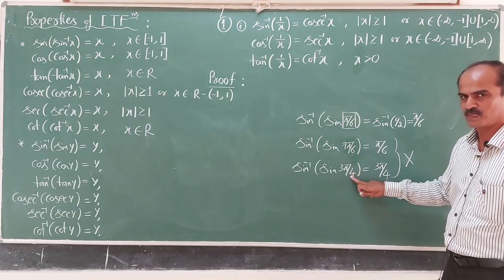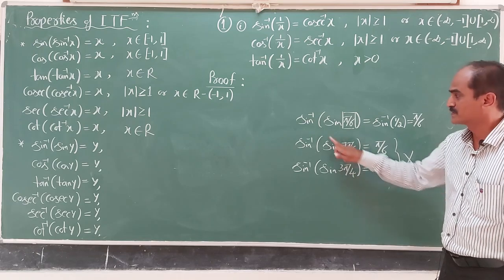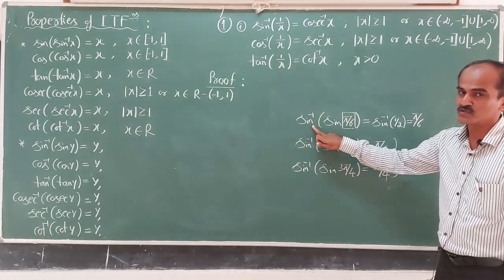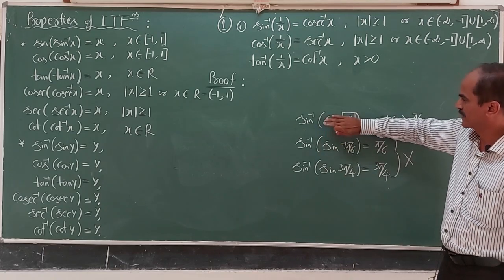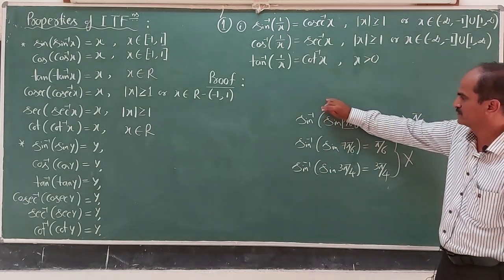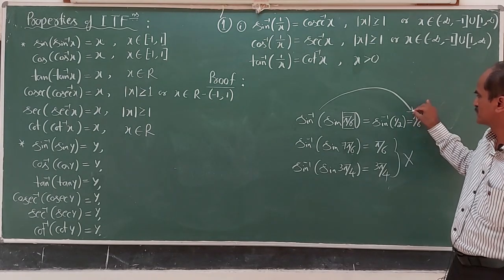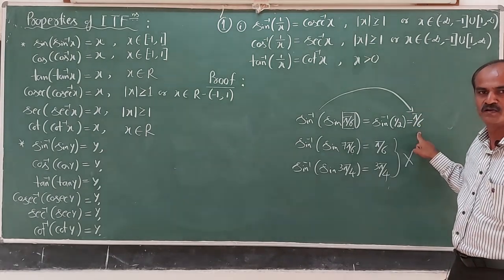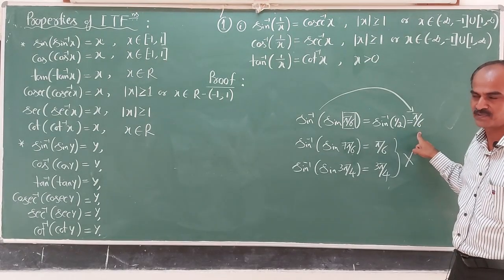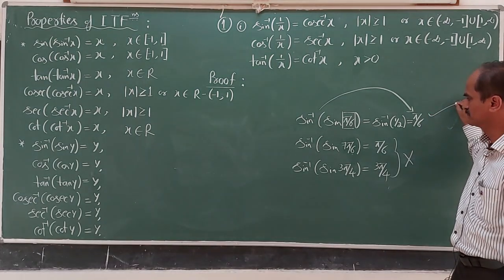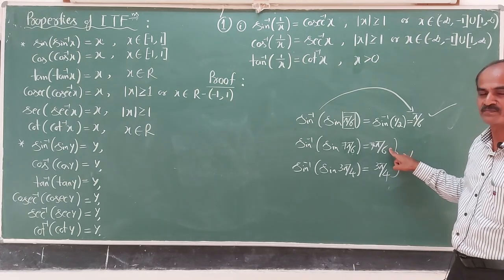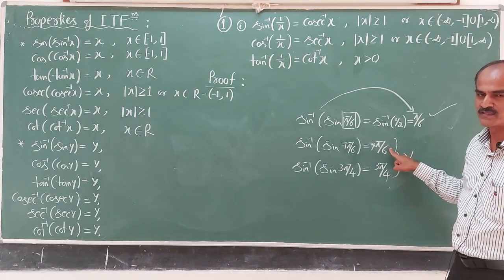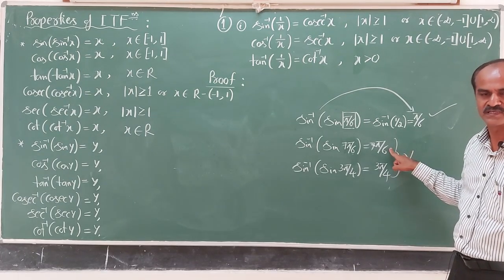What is the range of sin inverse function? It is the closed interval minus pi by 2, pi by 2. Sin inverse of some real number should give us an angle in the range minus pi by 2 to plus pi by 2. Here it is fine. But what about here? Look at this 7 pi by 6. It is not in the interval minus pi by 2 to plus pi by 2.